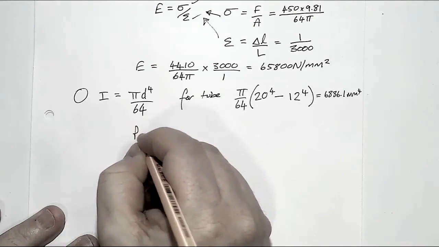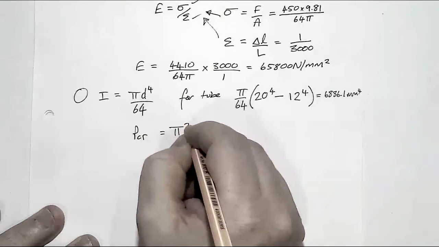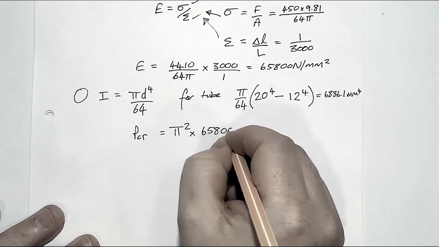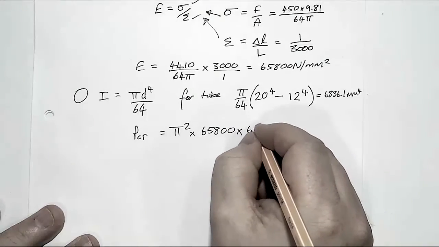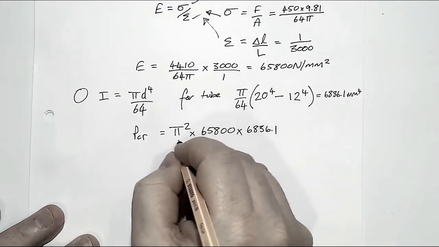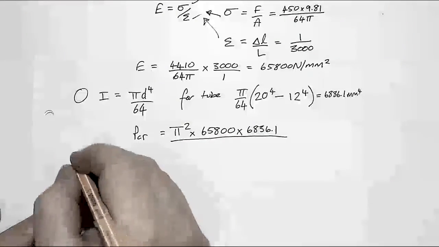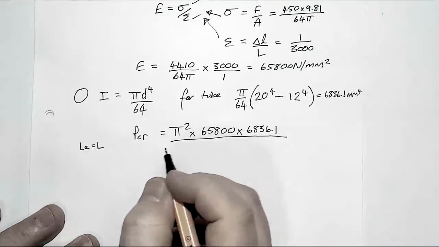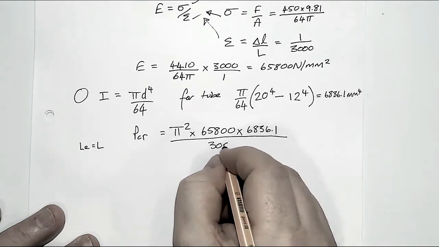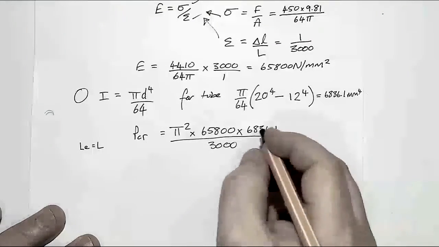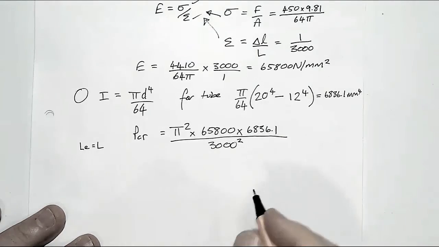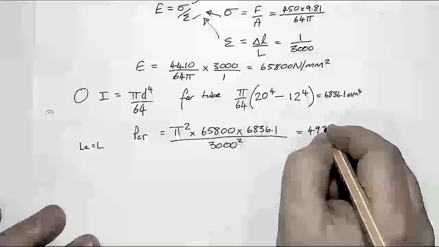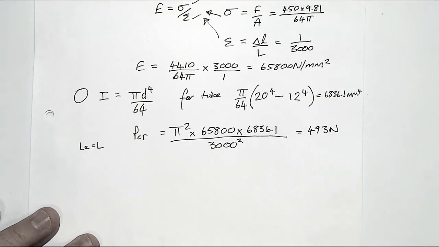So our PCR is pi squared times by our E value times by our I value divided by, and again, because it's pinned either side, our effective length equals our length. The length is 3 meters. We've got everything in millimeters. So it's 3,000 millimeters. And that's 493 newtons.